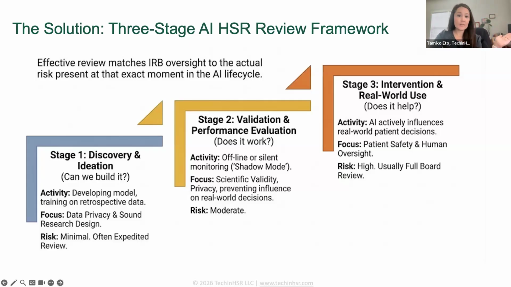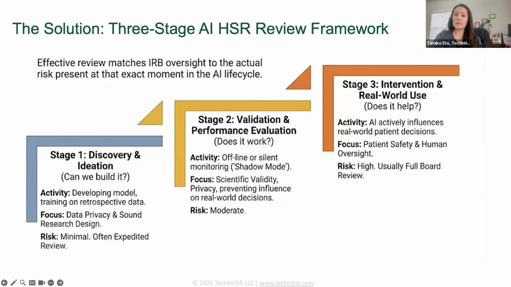Stage two, we take everything that we did in stage one, but this is validation in shadow mode or simulated environments. This is the most critical phase and one of the most often skipped. The algorithm runs in parallel with actual clinical activity. It's seeing real data, generating real outputs, but those outputs have no effect on real world decisions.